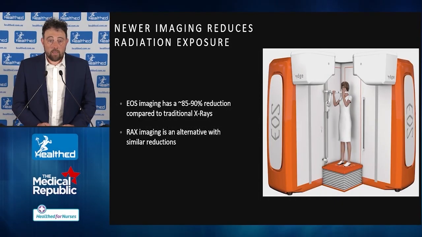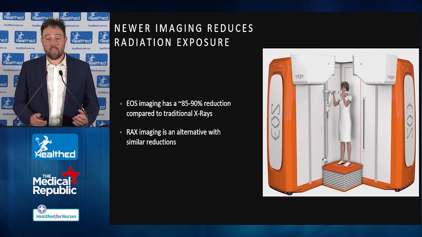These x-rays that you're seeing are what's called EOS scans. An important point in this is that newer imaging technology reduces radiation exposure substantially. As I mentioned before, overuse of radiation has been a concern regarding screening or investigation of potentially mild scoliosis. However, most mainland capitals in Australia and even some regional areas now have EOS imaging, which is an X-ray scanner that has an 85 to 90% reduction in the radiation dose to the child or adolescent compared to traditional X-rays.